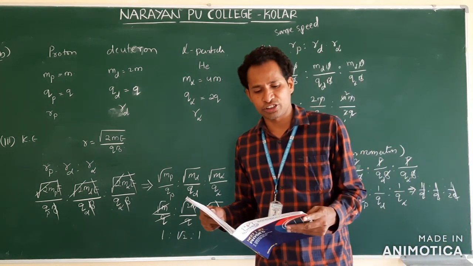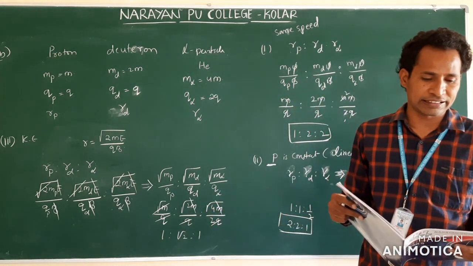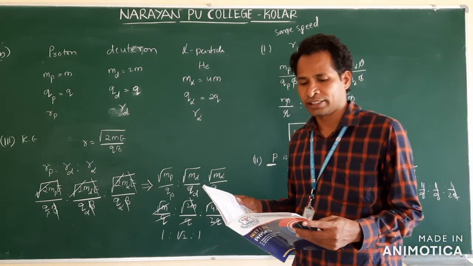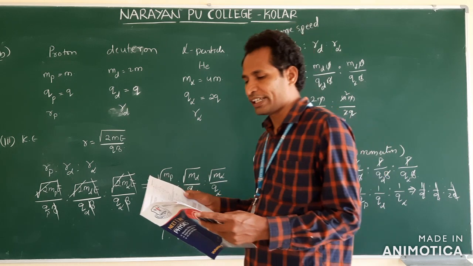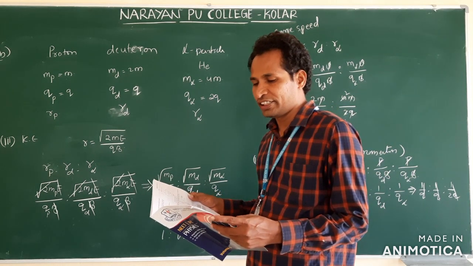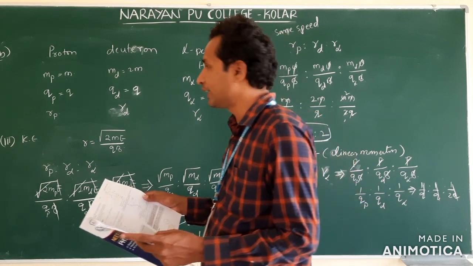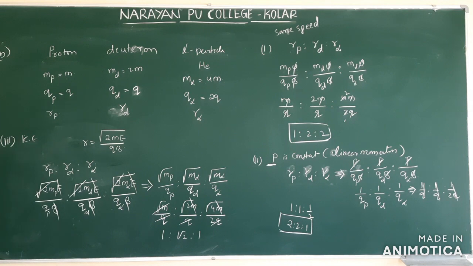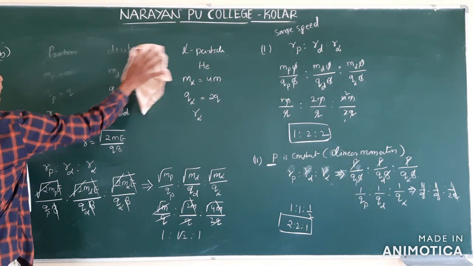Now see the sixth problem. A wire of length L carries a current I along the y-axis. The magnetic field exists, given by B is equal to B naught (2 i cap plus 3 j cap plus k cap) Tesla. Find the magnetic force in vector form and its magnitude. So this is nothing but the force experienced by a current carrying conductor in a uniform magnetic field.